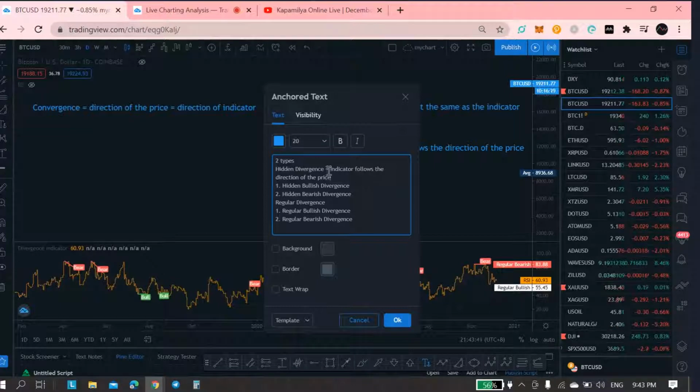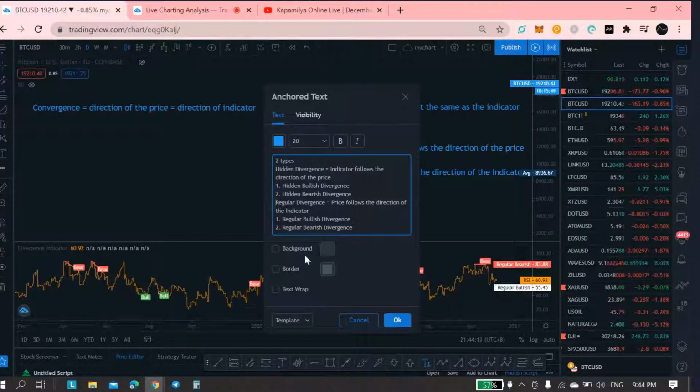While in regular divergence, the price follows the direction of the indicator. Whatever indicator you're using, for example on balance volume, you can also use these convergence and, of course, divergence types.